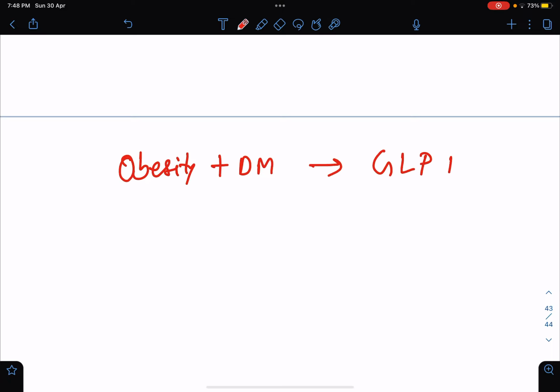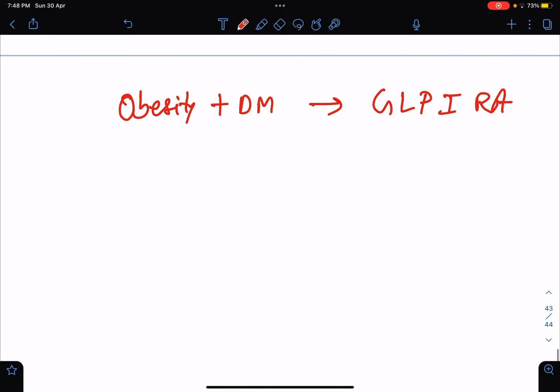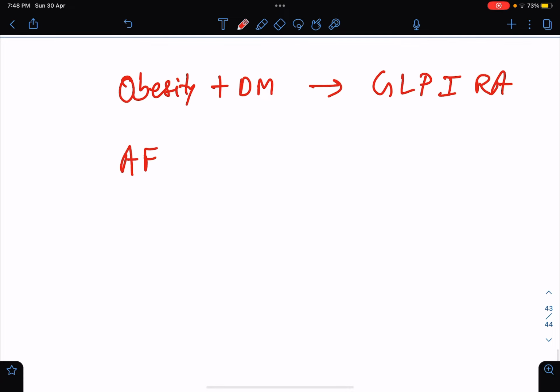Now in case of obesity and diabetes, if the patient is obese and having diabetes, we may use drugs like GLP-1 receptor agonist. Okay, glucagon like peptide 1 receptor agonist can be used. And if the patient is having atrial fibrillation, beta blockers and non-dihydropyridine, non-DHP calcium channel blockers to be used, and we may add on digoxin.